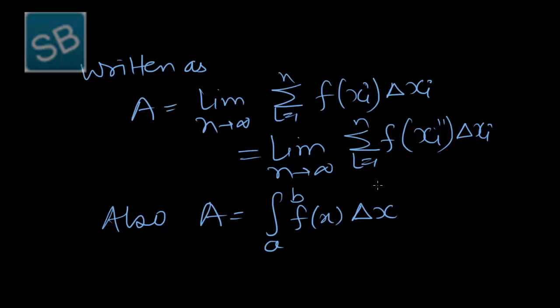As a limit as a sum, we have integral a to b f of x dx is equal to limit n tends to infinity sigma i=1 to n f of xi delta xi. So the area under the curve is found by integral a to b f of x dx. There are also different cases. These are discussed in the next lecture.